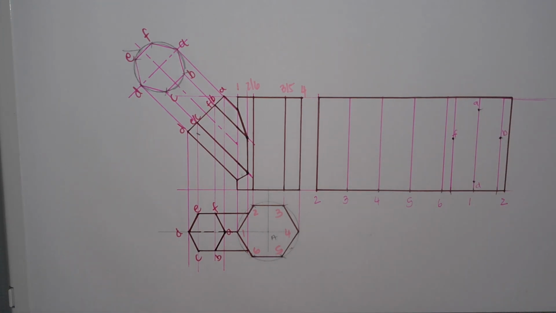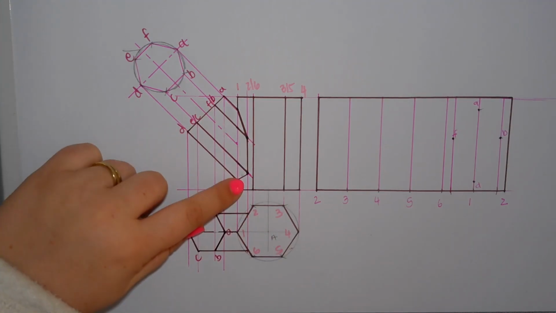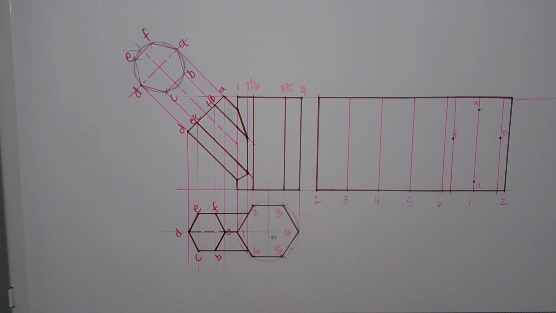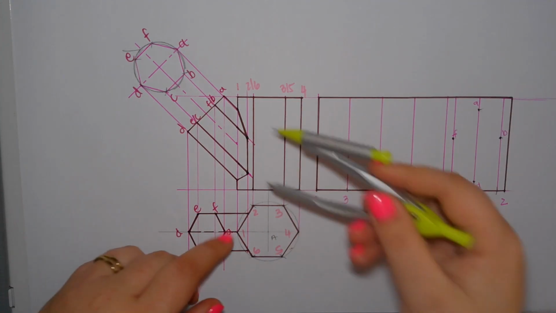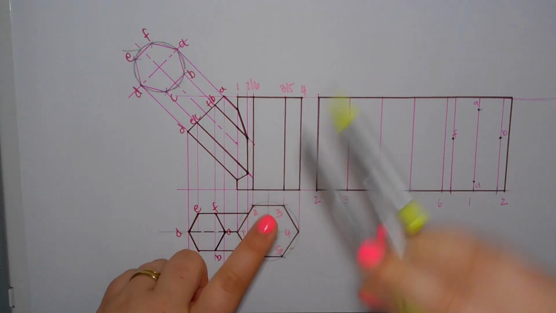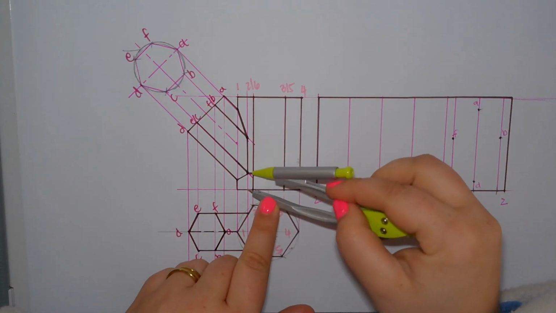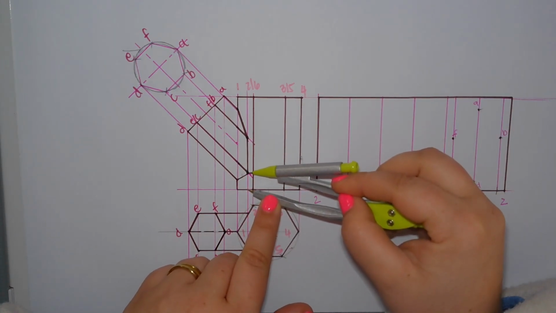Okay, so now I just need E and C. E and C is over here. I'm going to follow that down. Just want to test something. No. Okay. So I'm measuring from the bottom to where E and C touches the main pipe.